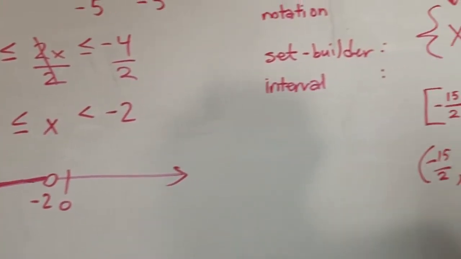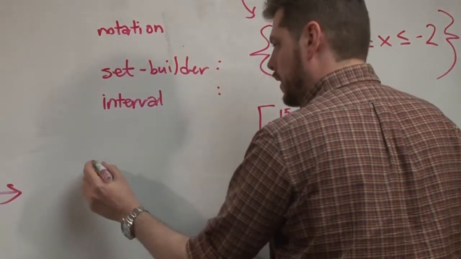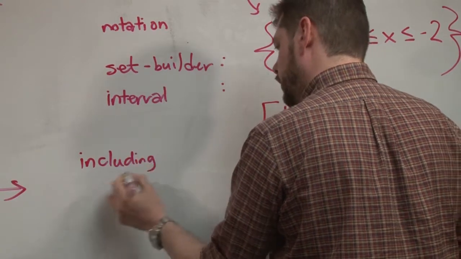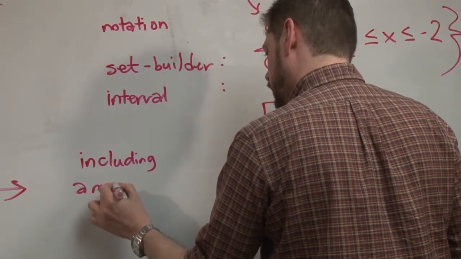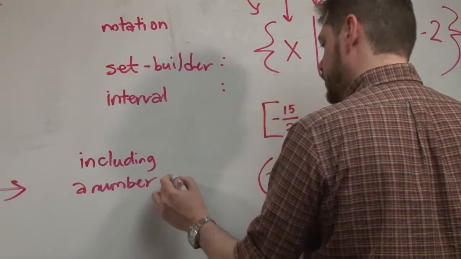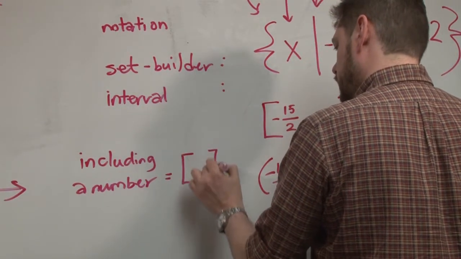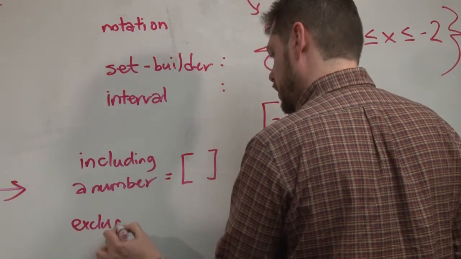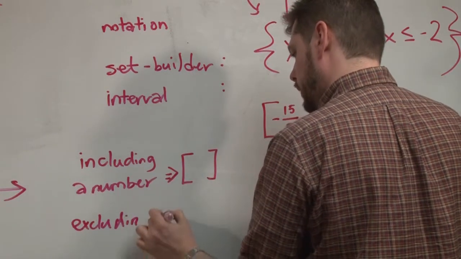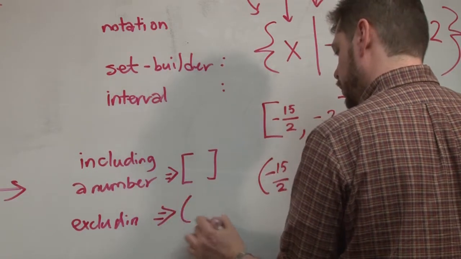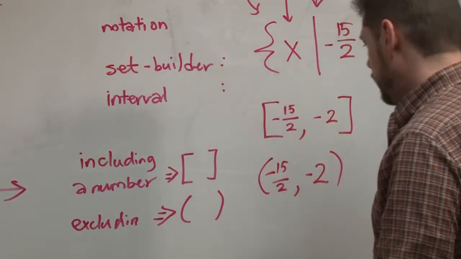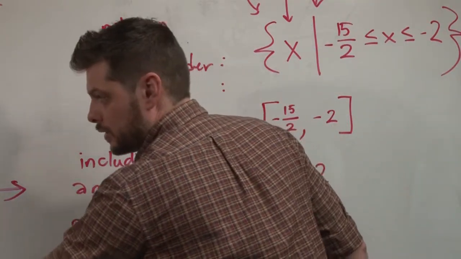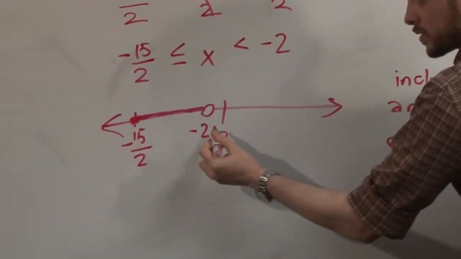That's what we like. So what we say is that if we are including a number, we use brackets, okay? And if we are excluding, we use parenthesis, okay? If I need to include a number, like if I'm trying to write this visually, I know that I'm including this number, but I'm excluding this.